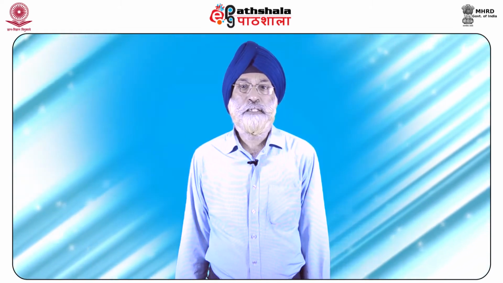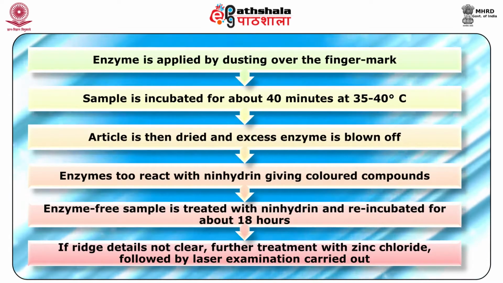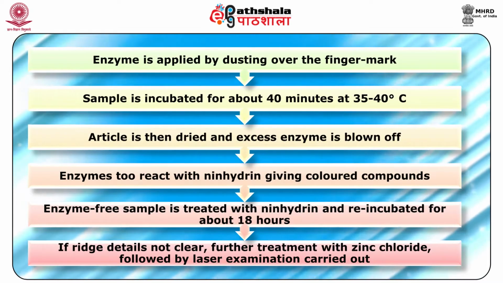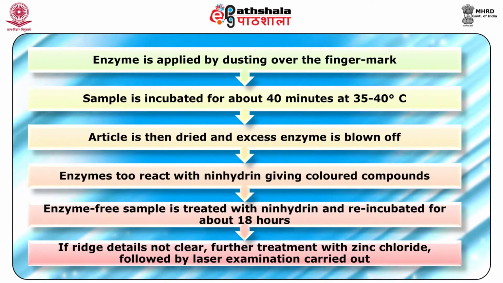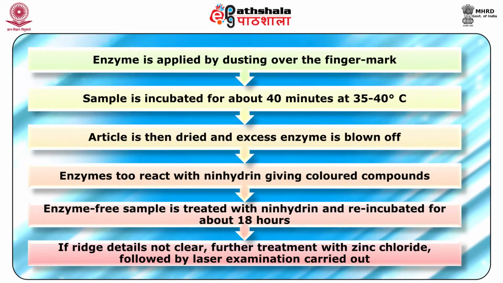The methodology involves the following steps. The enzyme is applied by dusting over the finger mark and the sample is incubated for about 40 minutes at 35 to 40 degrees centigrade under a relative humidity of 80 to 90%. The article is then dried and excess enzyme is blown off.